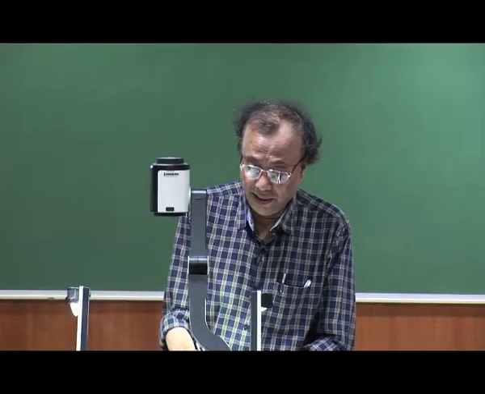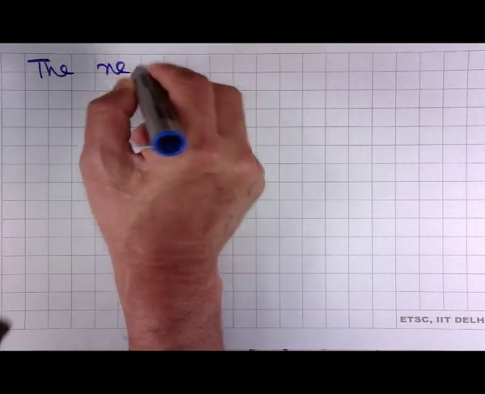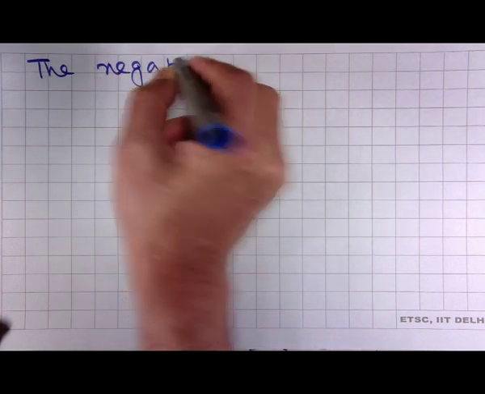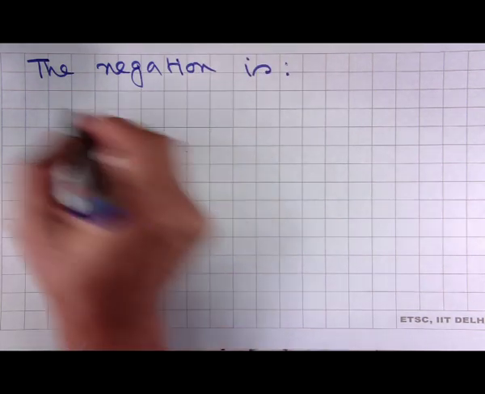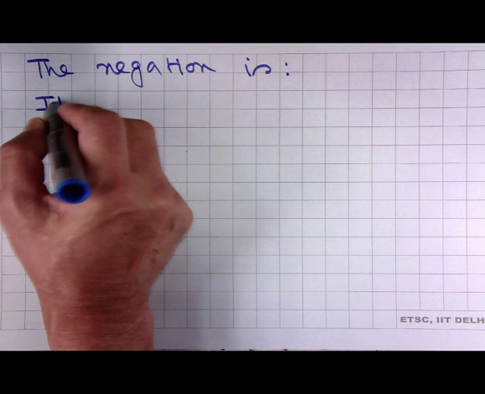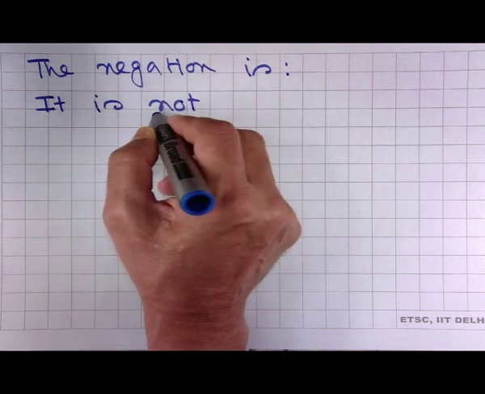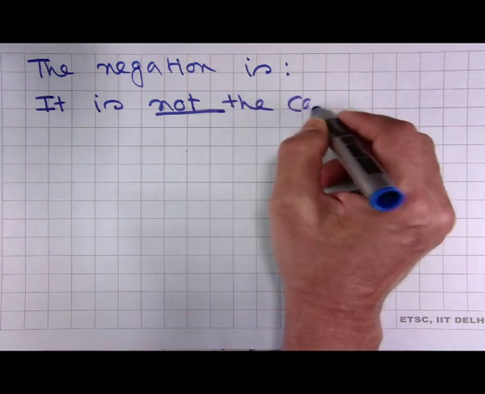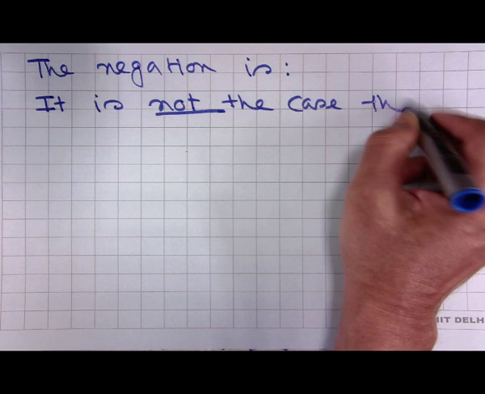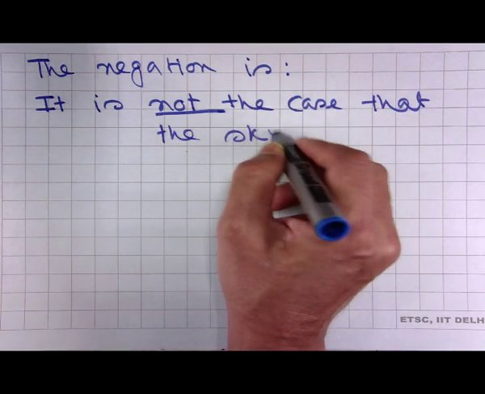The negation is: it is not the case that the sky is cloudy.